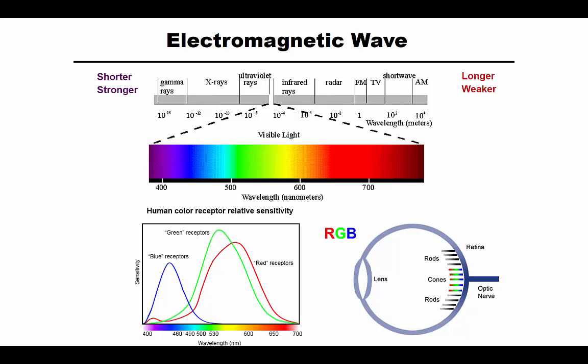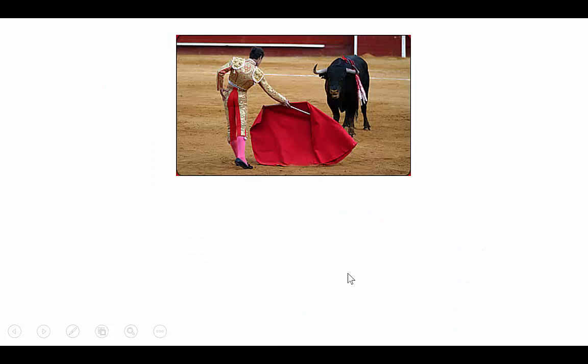That's why these rod cells help us detect very small amounts of light in the dark. Now, a small population of cone cells is responsible for color sensing, and they have different receptors for each of these RGB colors. Because of these color sensors, we can see different colors.